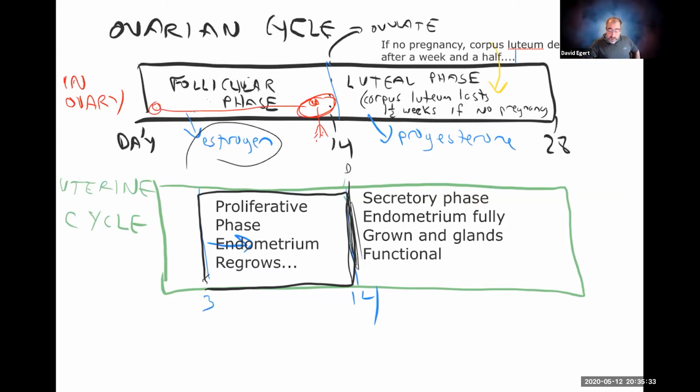Now we're right around here, the corpus luteum is starting to degenerate. What's going to happen to the progesterone level? Remember, progesterone maintains the uterine lining. Would it drop? Yeah, progesterone is now going to drop. So progesterone is going to go down.